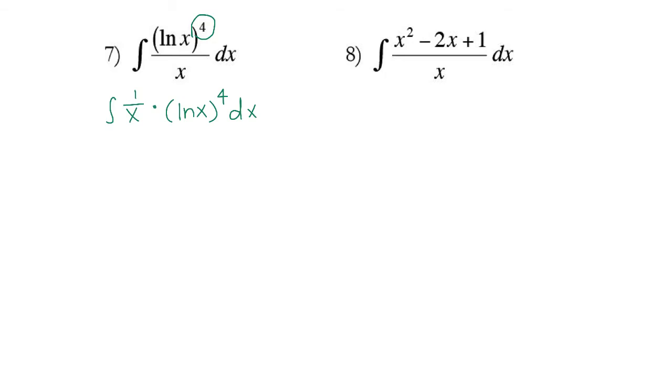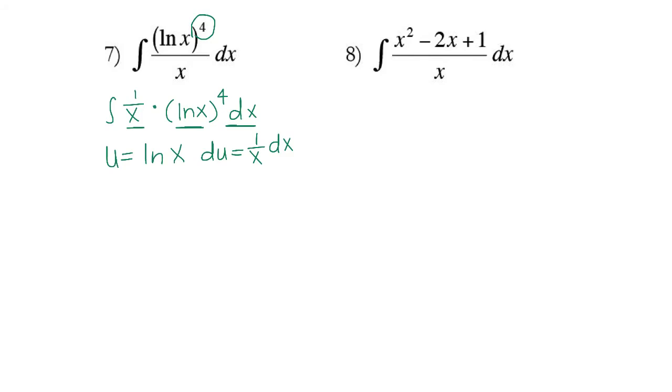And that's going to help us see why letting u be the natural log of x is going to be pretty useful. Because if u is the natural log of x, then du is really going to be just 1 over x dx, which works out great because that's all this extra stuff up here.